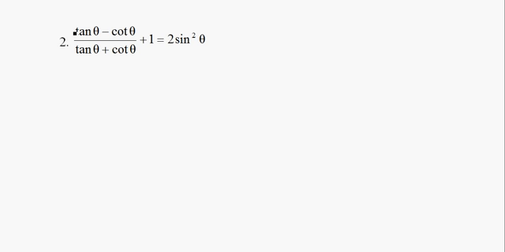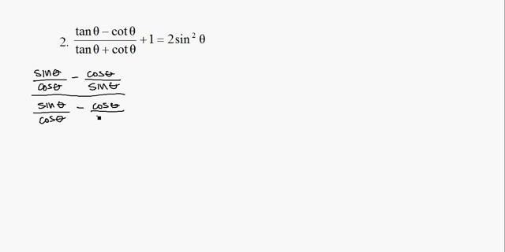Okay, so it looks like we'll change all these into sines and cosines. So it's sine theta over cosine theta minus cosine theta over sine theta, all over sine theta over cosine theta minus cosine theta over sine theta. Looks like that's a plus 1.